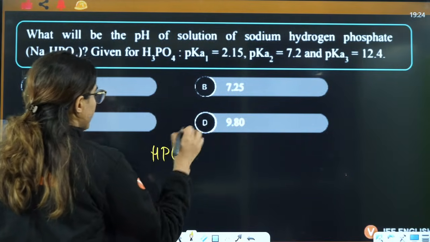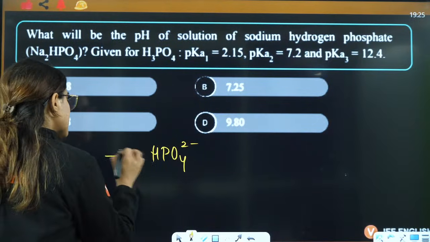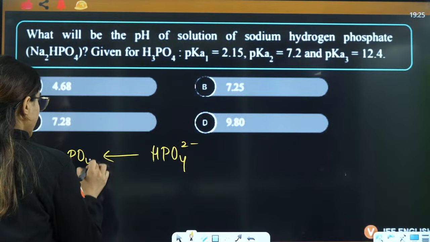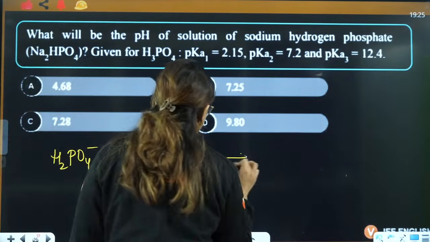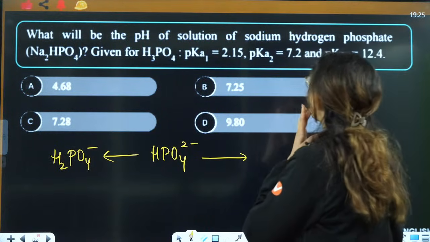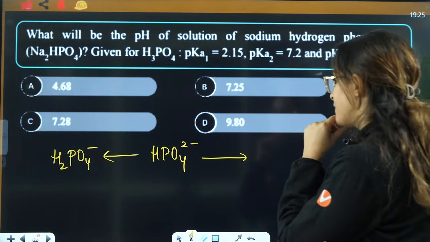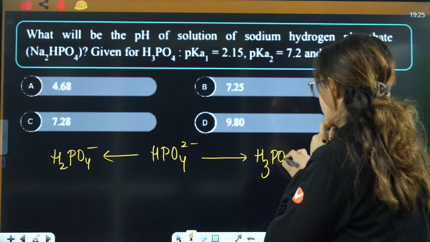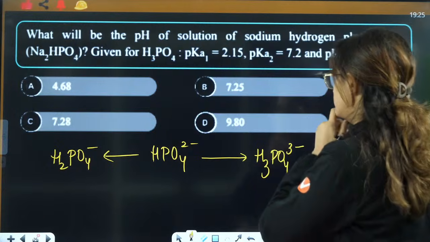Hydrogen phosphate means HPO4 2 negative. When it accepts H positive, it will become H2PO4 negative. When it donates H positive, it will become PO4 3 negative.